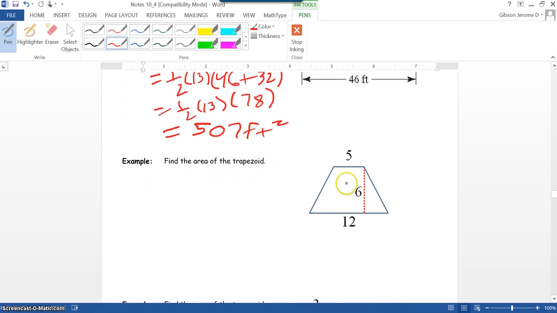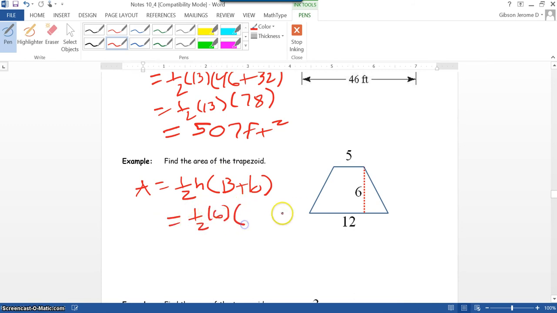Now we want to find the area of this trapezoid. Now remember, the area of a trapezoid is 1/2 times the height times B plus b, uppercase B plus lowercase b. So we will have 1/2, h is 6, uppercase B is 12, and lowercase b is 5.